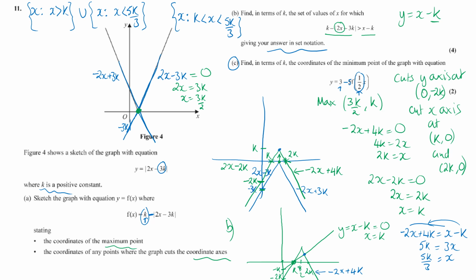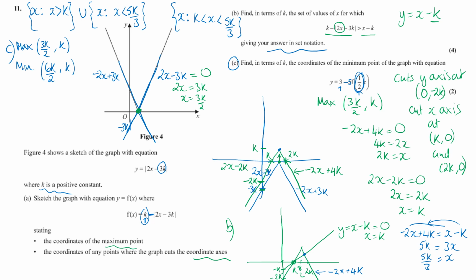So part C, the max is currently at 3k over 2, k. The half is going to double the x coordinates, so the min will be at 6k over 2, k, and that's dealing with that half.